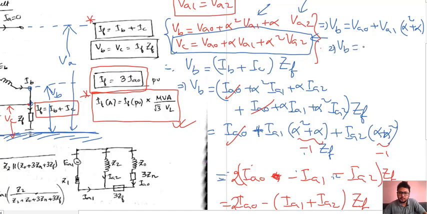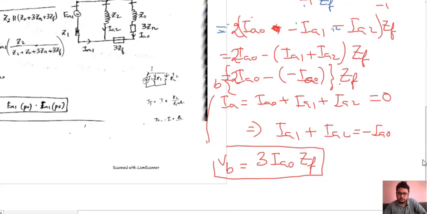This implies VB equal to VA naught, and alpha square plus alpha is minus 1. So VB equal to VA naught minus VA1. And VB we got as 3 times Ia naught ZF.